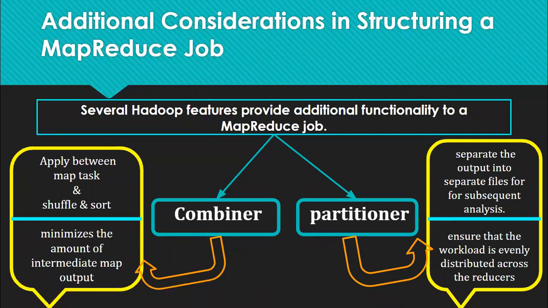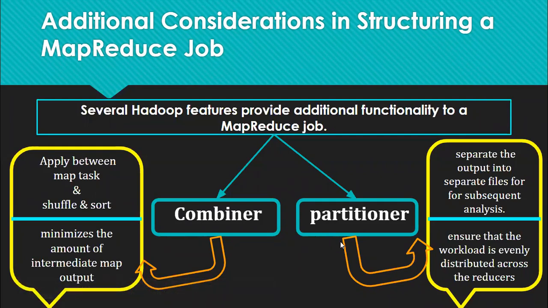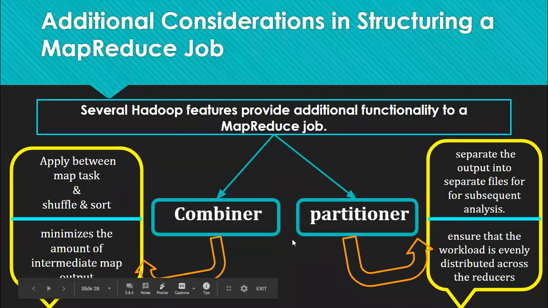So after the reducer, a partitioner comes in, which divides the output into different separate files for subsequent analysis. It also ensures that the workload is evenly distributed across the reducers. So these are the two additional considerations that we can use when working with map and reduce.